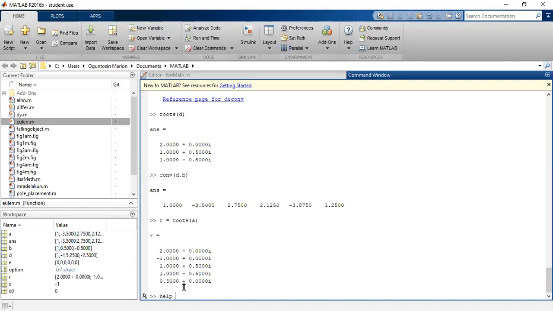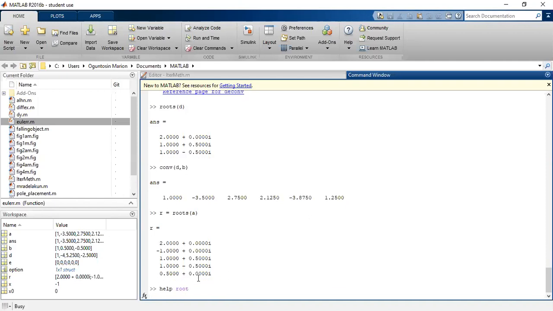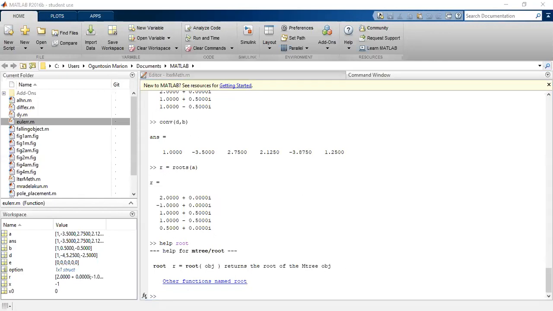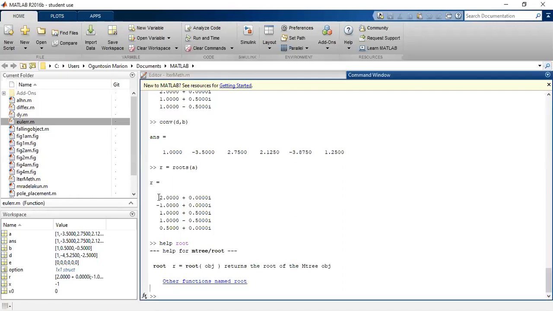If you want to know how the function works, you can just look up roots, and MATLAB is going to pull out the documentation for getting the roots of the function. It's saying that r is equal to roots of the object. It returns the roots. Now R specifies the roots.